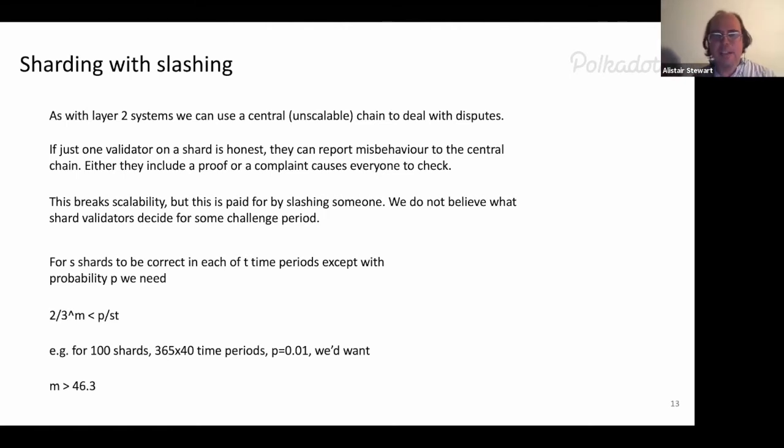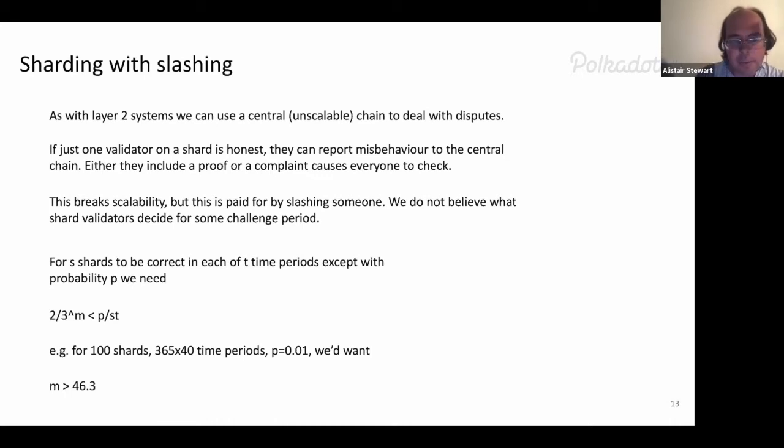And as long as we can all agree that this is true or false, we can slash someone when a validator complains. And basically that pays for the breaking of scaling.